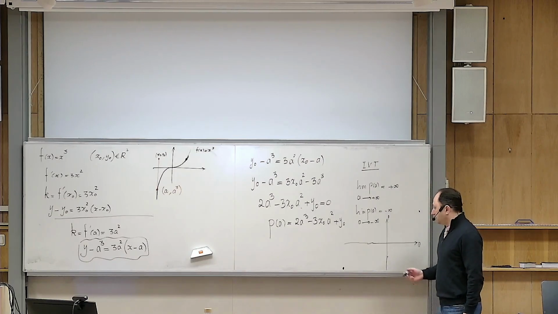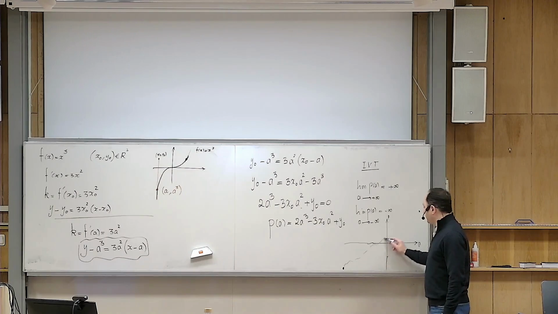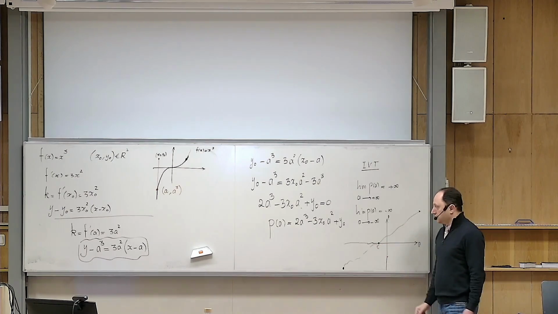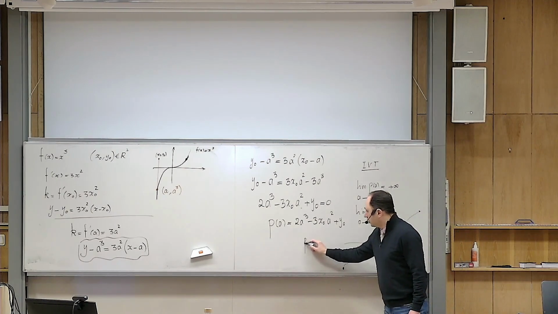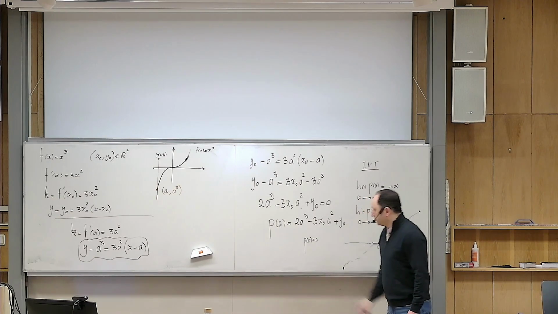For example, I don't know the graph. Say it goes like this, and I would say that this point is C. The cut point is C. What does it mean? It means p of C is 0.